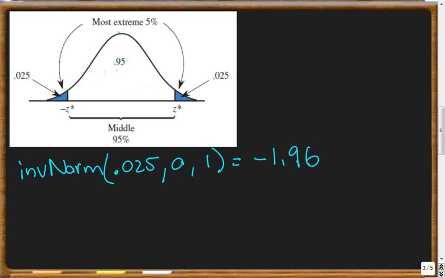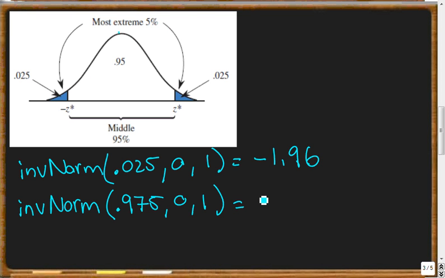So if we type this in, we get inverse norm of 0.975 with 0 and 1, and we can expect a z-score of 1.96, which is exactly symmetric because we're the same distance either way.